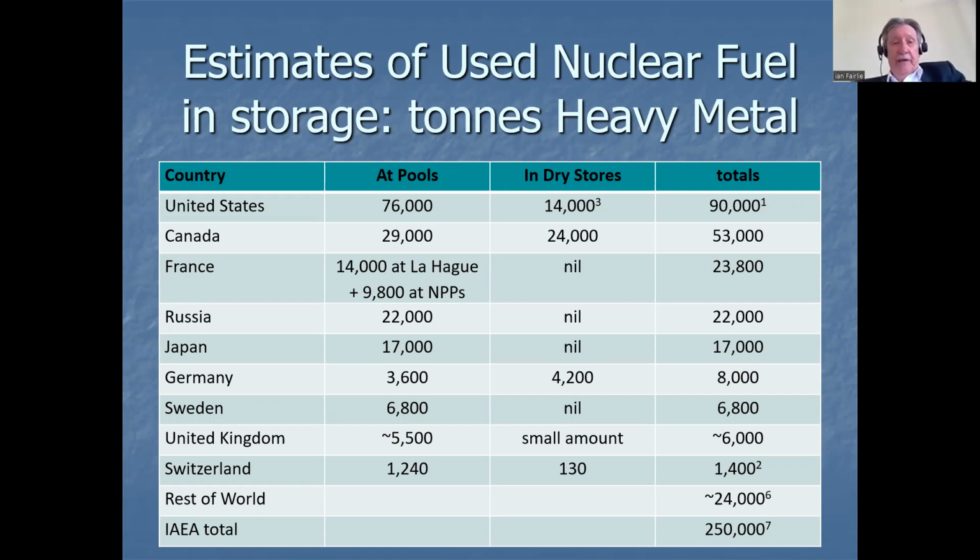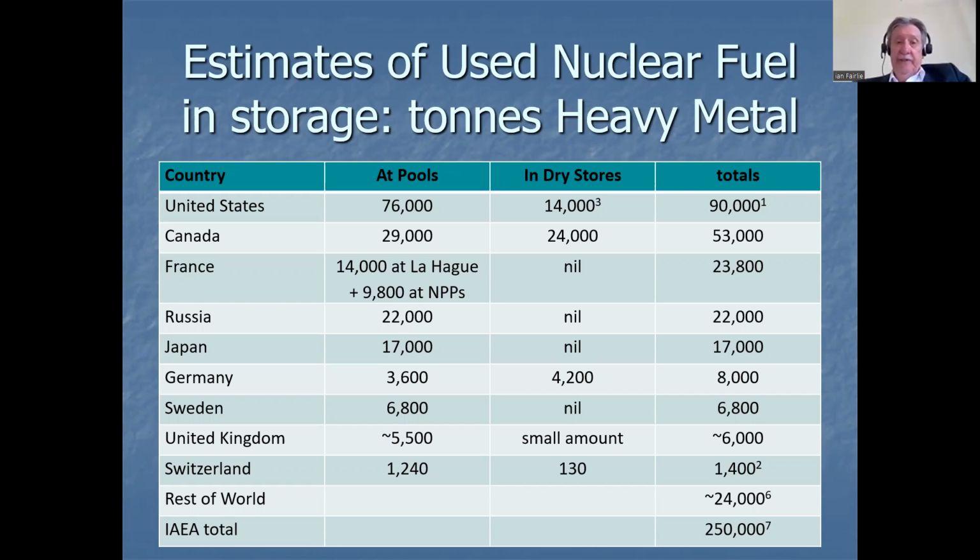You can see that the United States has got the largest figure, 90,000 tons of heavy metal. By the way, a ton or tonne is 1,000 kilograms. That's the definition of a tonne.